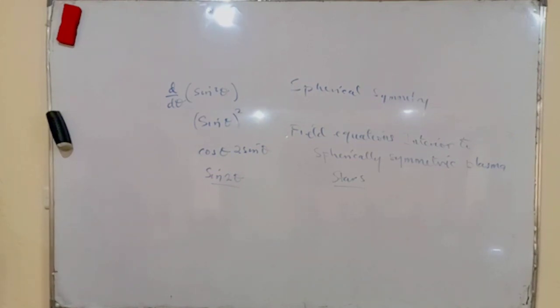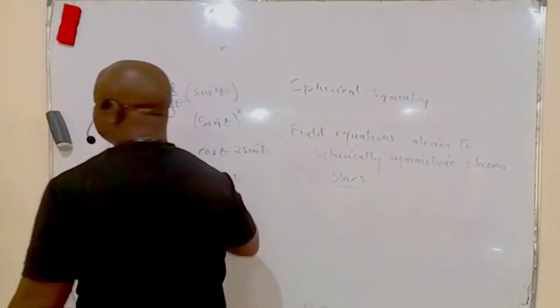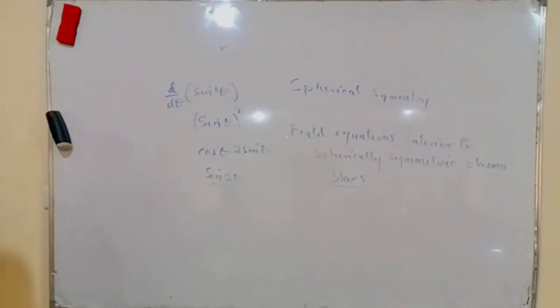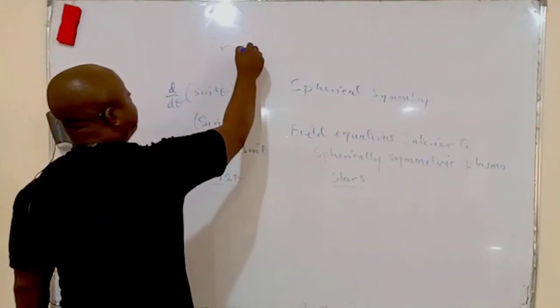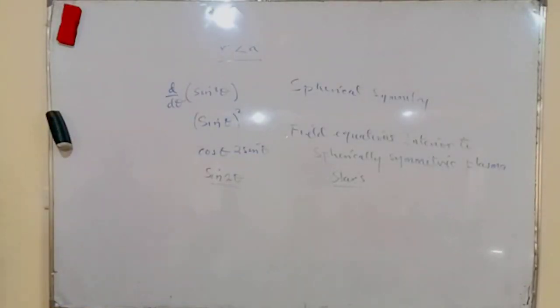Actually, it can be exterior and it can also be interior, depending on our definition of R. Okay? If our R is less than A, then we are dealing with an interior metric. But what we want to consider is where the exterior of the star is not populated.